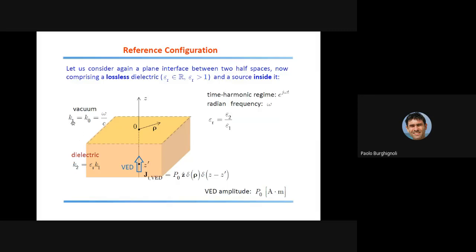We are again in a time harmonic regime with radian frequency omega, and as usual, we associate to the vertical electric dipole an amplitude, which is this complex coefficient P0.